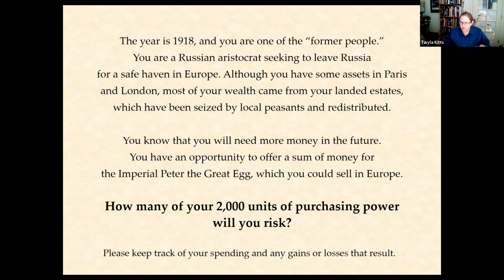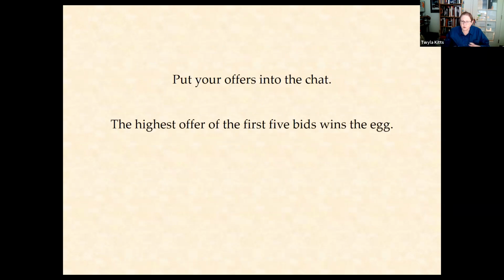So you have an opportunity right now to offer a sum of money for the Imperial Peter the Great egg, which you could sell in Europe. So how many of your 2,000 units of purchasing power are you going to risk? Please keep track of your spending and any gains or losses that result. So put your offers into the chat. The highest offer or the first 5 bids wins the egg.